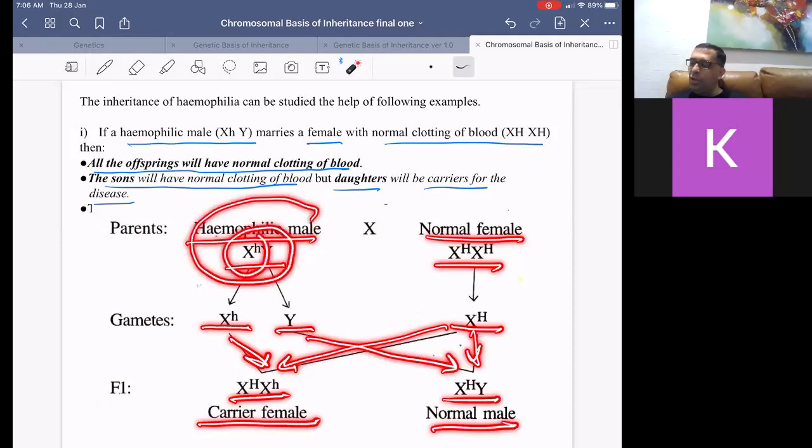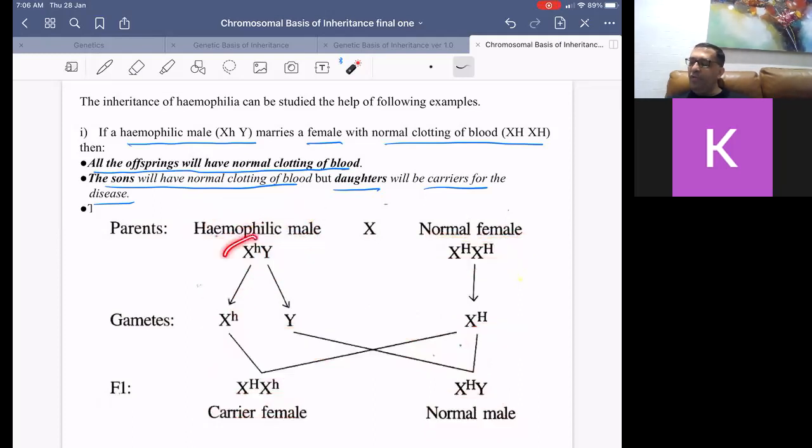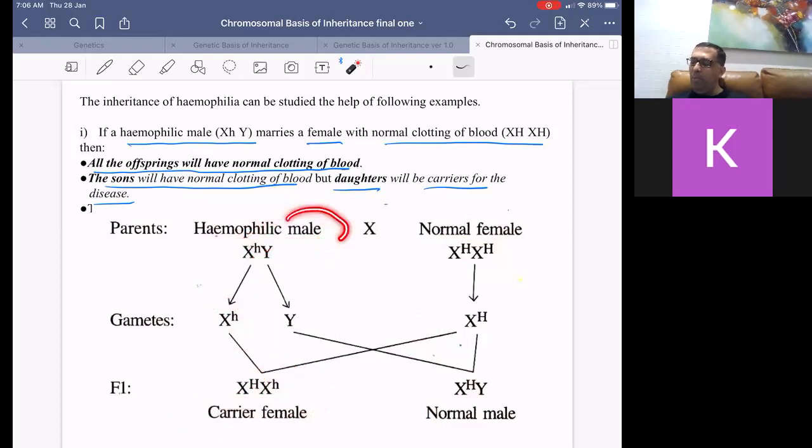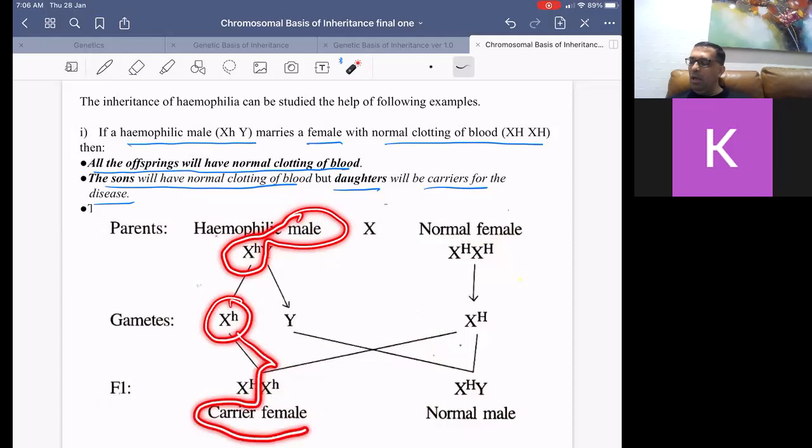X small h has gone via gametes from the hemophilic male to the carrier female. Via the male, X small h has gone to the carrier female.